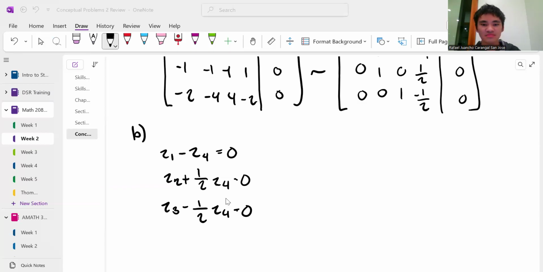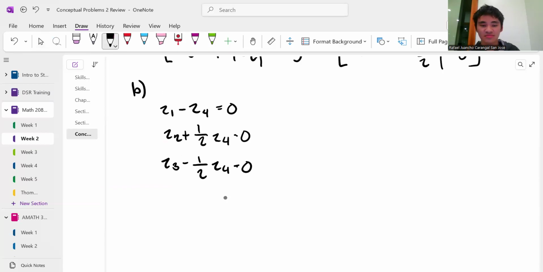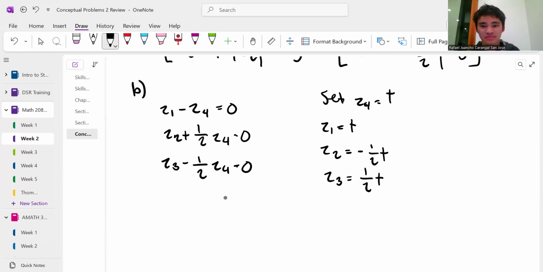So we set that to something, right? We set Z sub 4 equal to t. So we get Z sub 1 being t, Z sub 2 being negative a half t, Z sub 3 being a half t. And that's it. So that's our general solution.